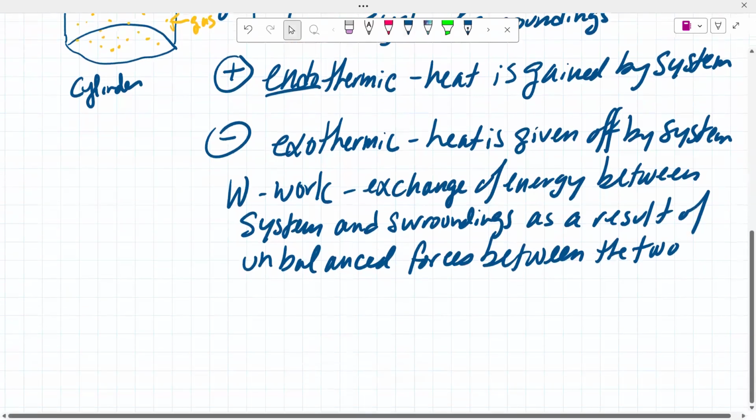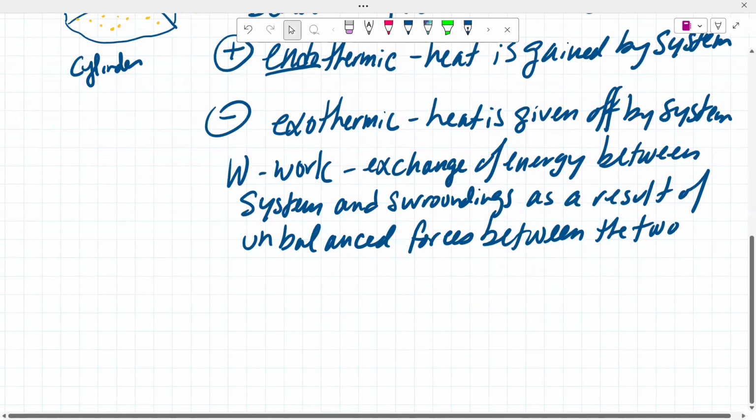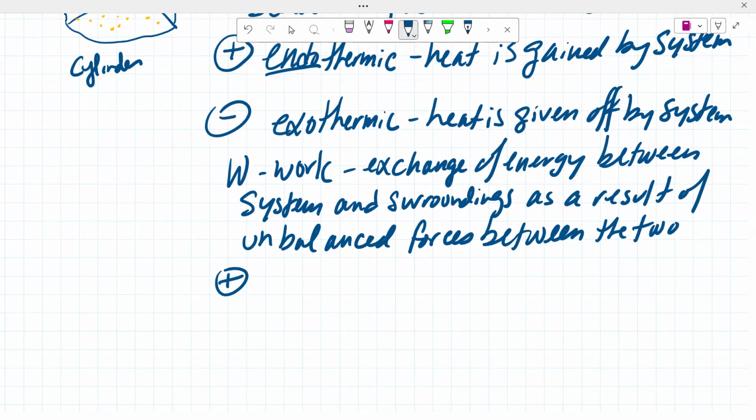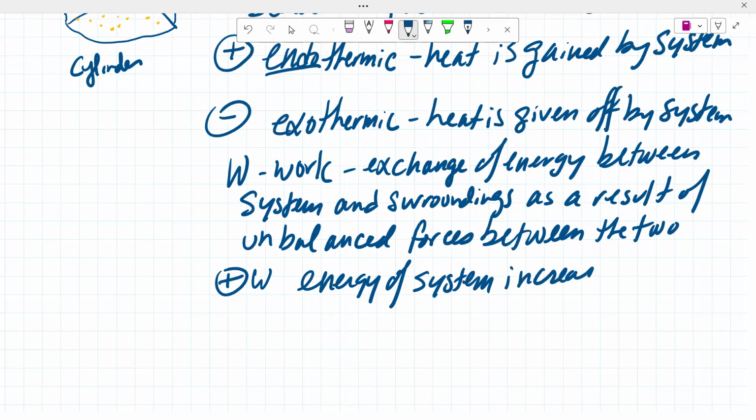Now, we need to also pay attention to our work signs. We have a plus work: energy of the system increases, and this means work is done on the system by the surroundings.